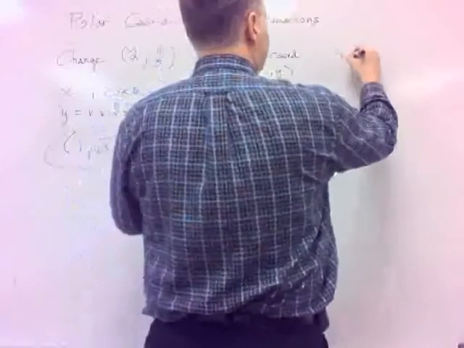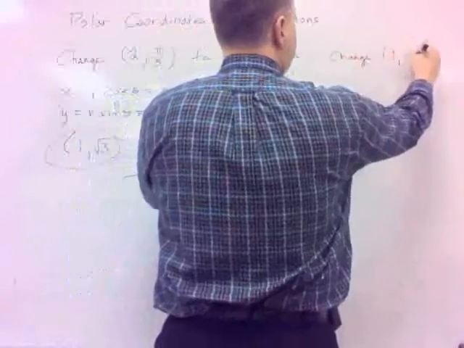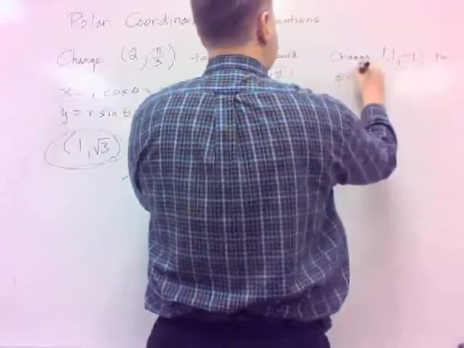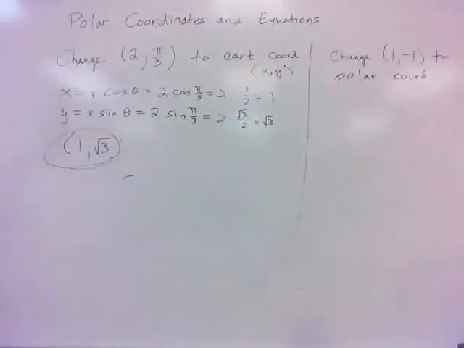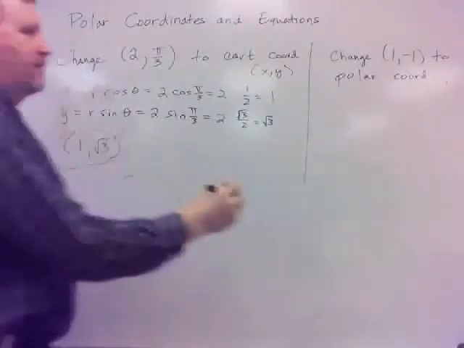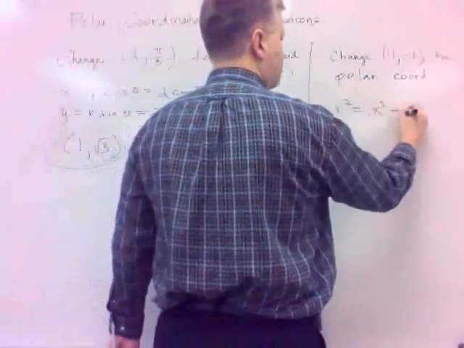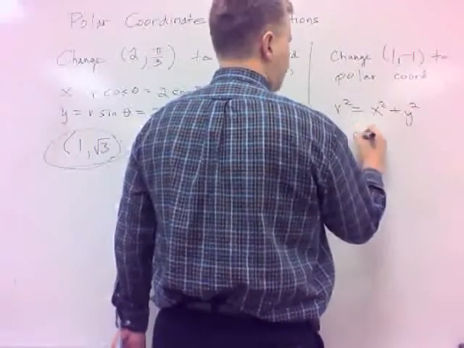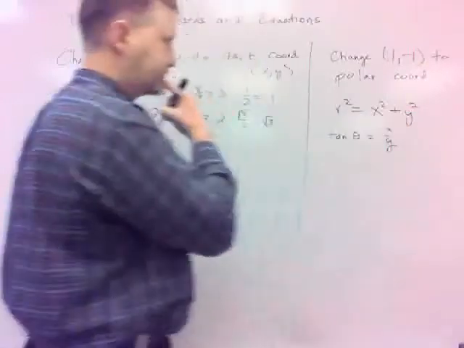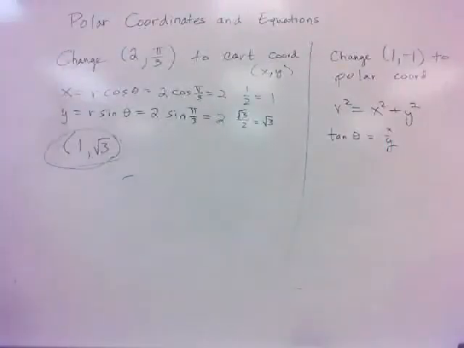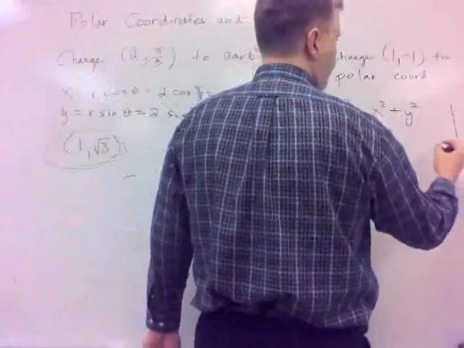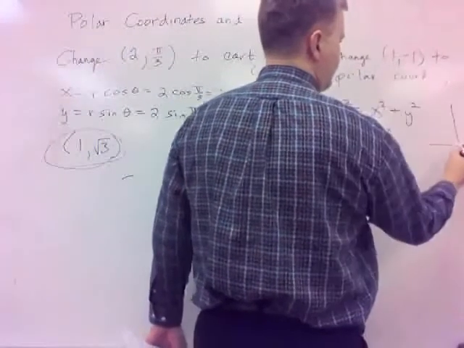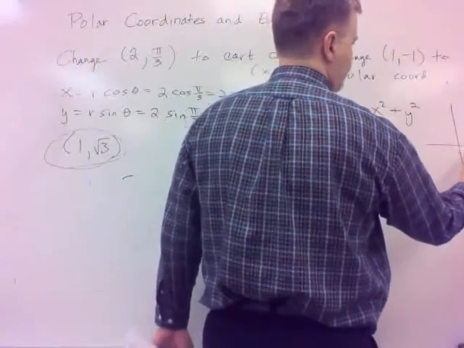So to go the other way, change Cartesian 1, -1 to polar coordinates. So this is going the other way, and so we're going to use r squared equals x squared plus y squared, and tangent of theta equals x over y. Now, it is a good idea to draw this one out, because as you'll see, that'll help with your theta. See 1, -1 here.